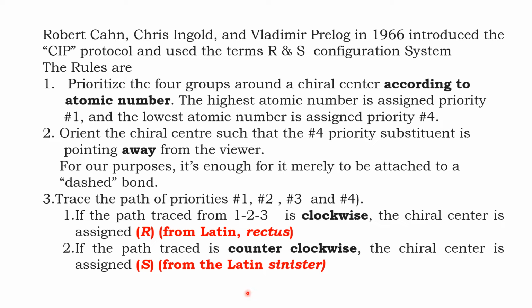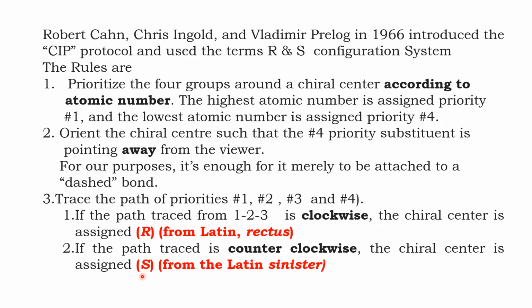So, by assigning the four groups with four priorities, we just see the molecule, and if our eyes move in clockwise direction, it is rectus or labeled as R, and if our eyes move in the anti-clockwise or counter-clockwise direction, it is designated as S. You got it?